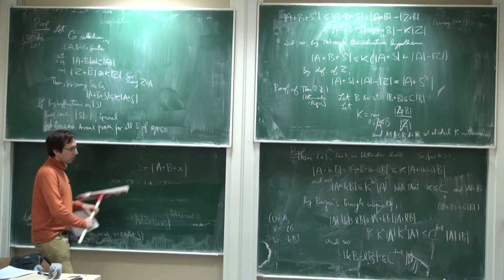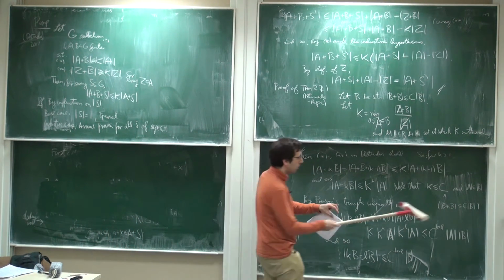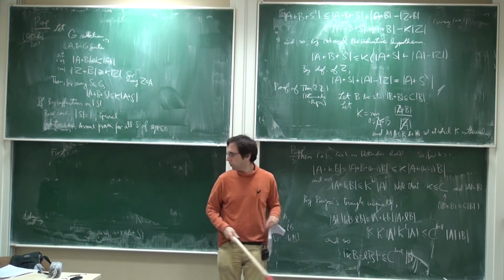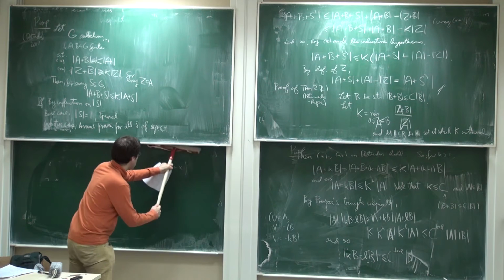So you see, it's really quite nice. In the abelian case, it's enough to know that B plus B is at most C times B for us to be able to have full control on all copies like that.